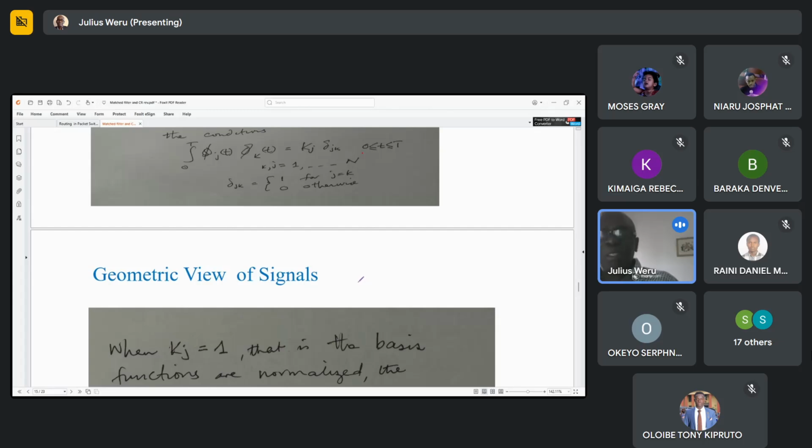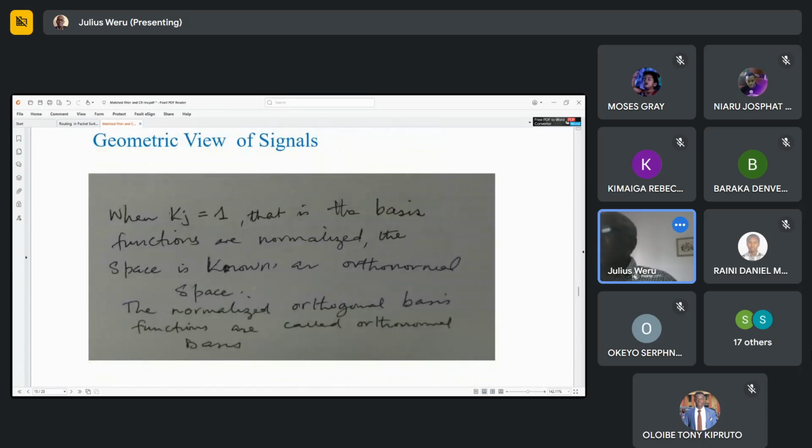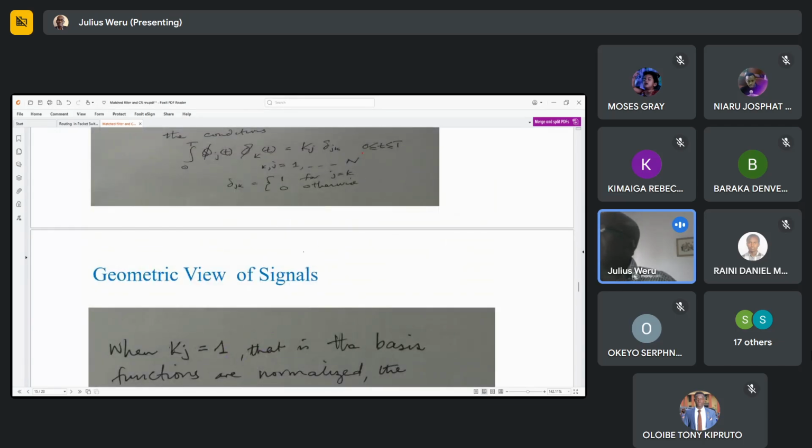I think the concept will become clear as we go on. So when K_j is equal to 1, that is the basis functions. If this is equal to 1, it means this is equal to 1 times 1 or 1 times 0, depending on whether j is equal to k.